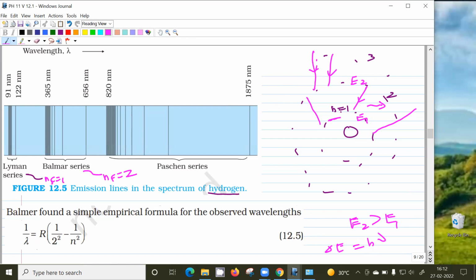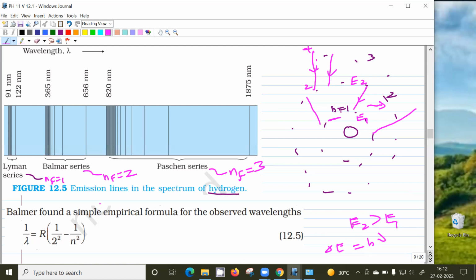This is from n equal to 3 to n equal to 2, and this is from n equal to 4 to n equal to 2. All these radiation lines correspond to the Balmer series. And Paschen is what? N final equal to 3.